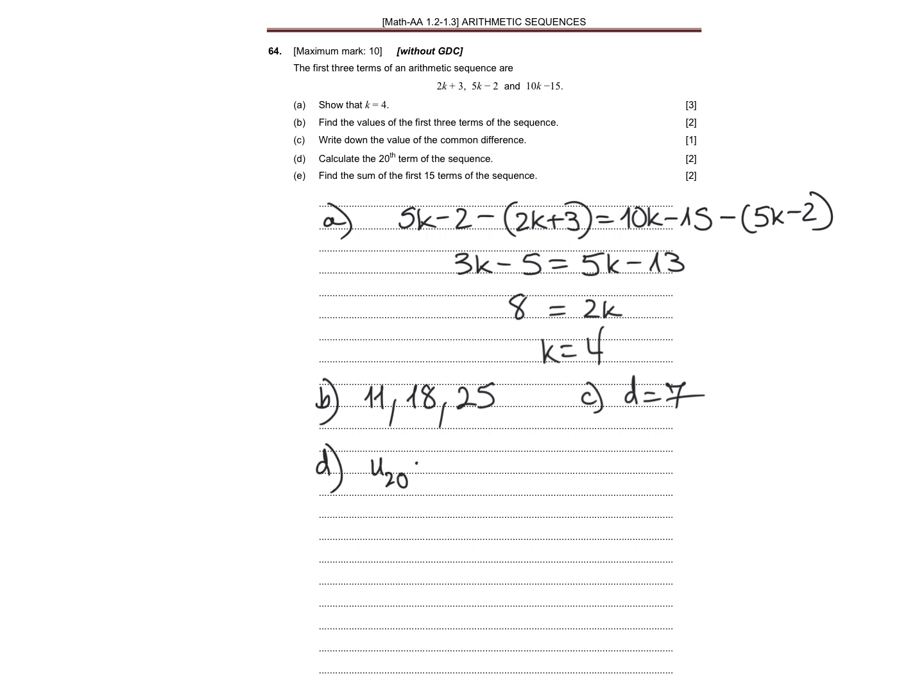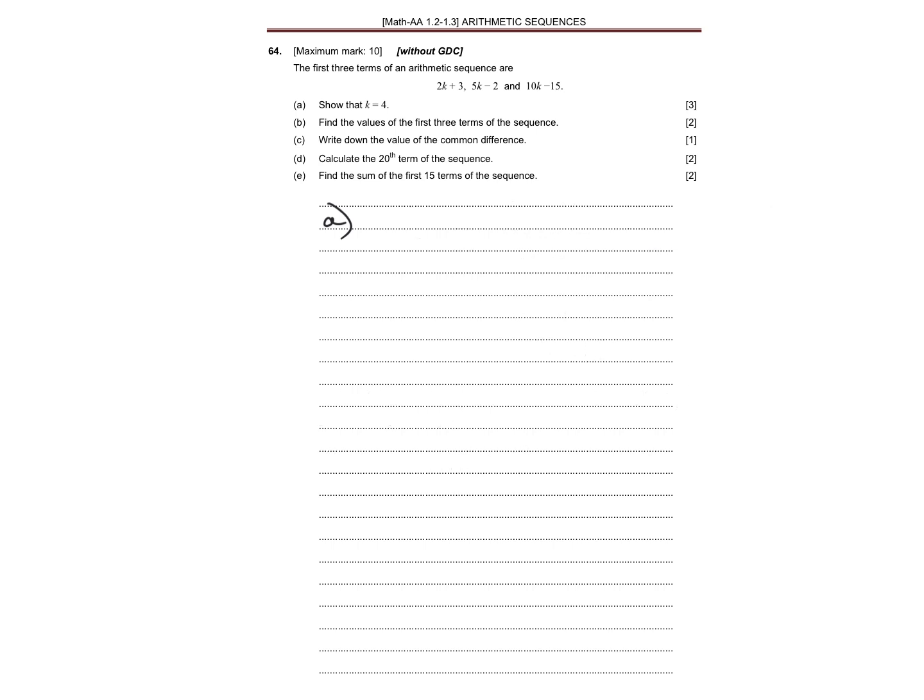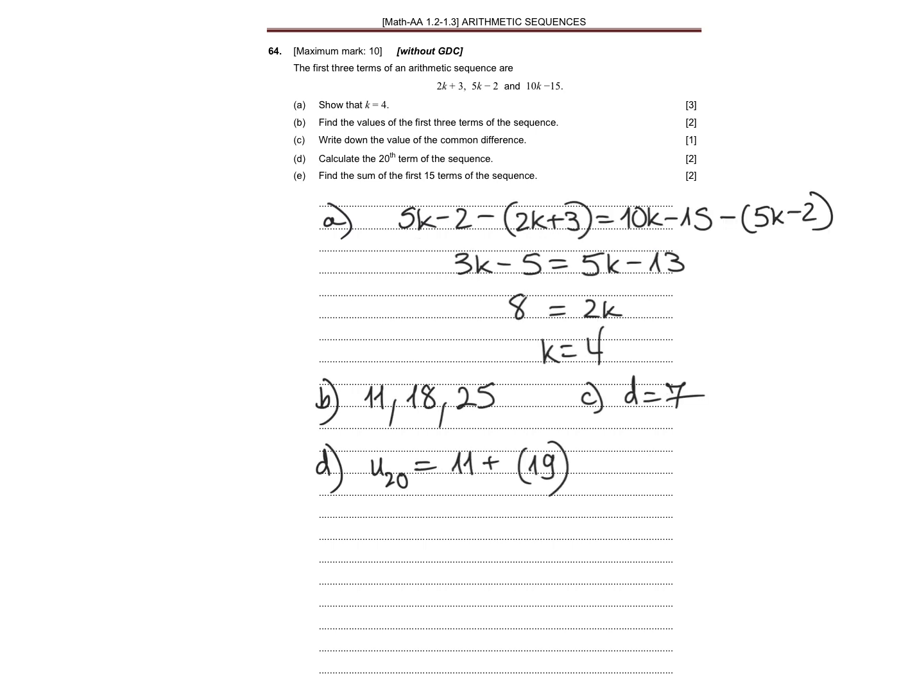Calculate the 20th term. So we have u1 plus n minus 1 times d. So that's going to be 133 plus 11, so 144. And for E, we want the sum of the first 15 terms.